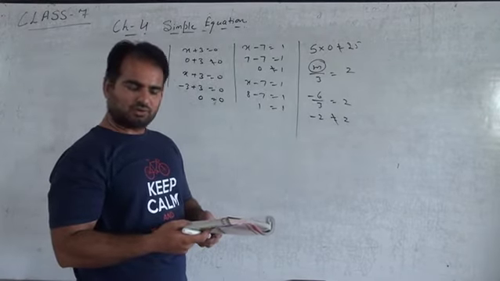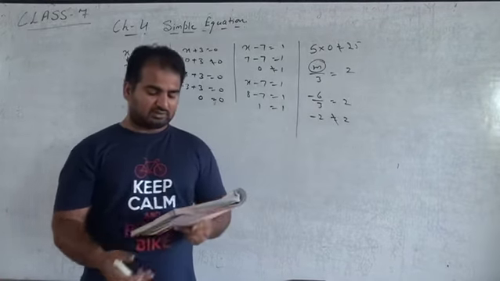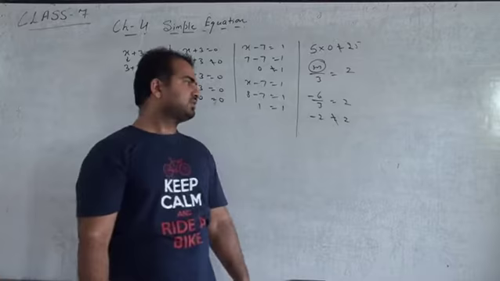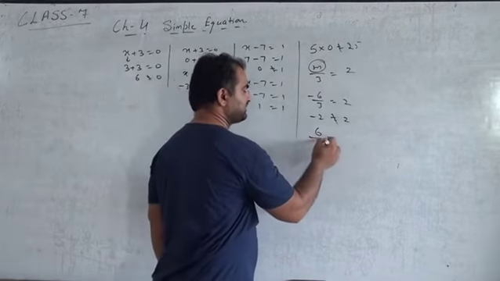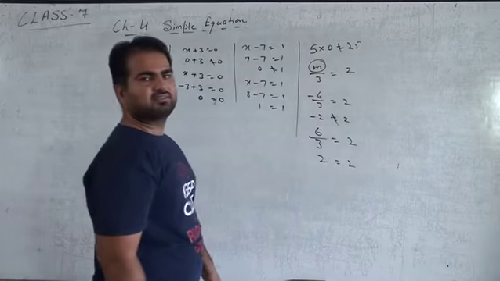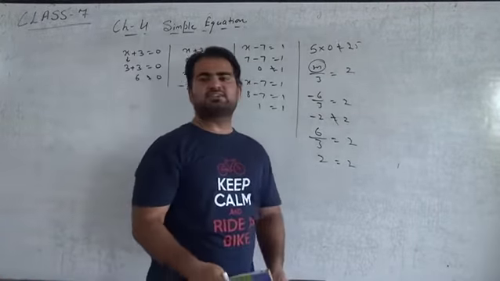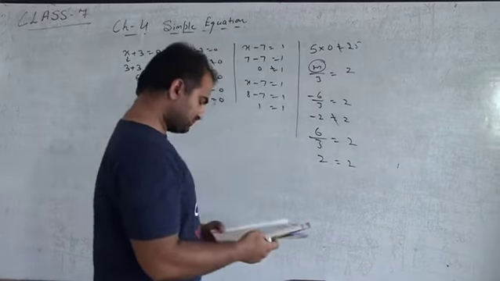Yes or no? No. So it is not applicable. Okay. Next is 6 upon 3 equals to 2. Yes. 6 upon 3 equals to 2. And the right hand side and the left hand side are equal. And if they are equal, then it is satisfying the equation.